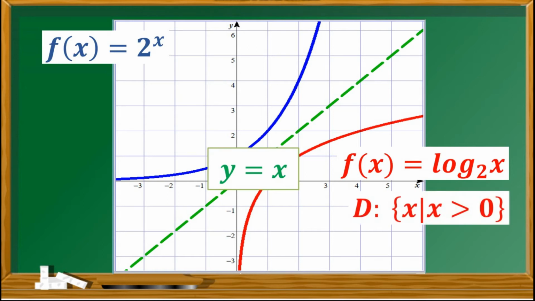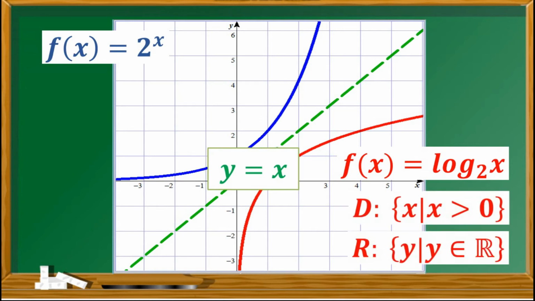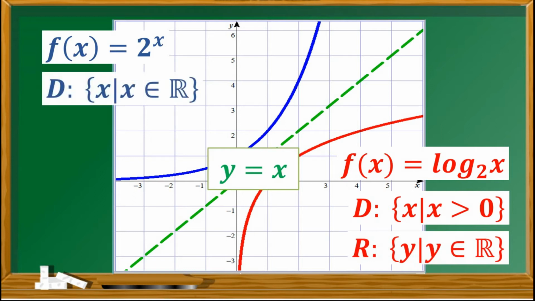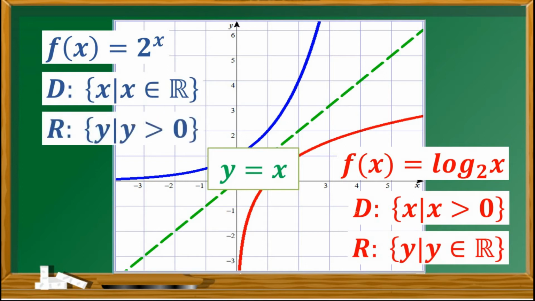So we have this domain and range of our logarithmic function. And for the exponential, we have this, which is the range here, and the range, which is the domain. So again, this proves that the exponential and logarithmic functions are inverses.